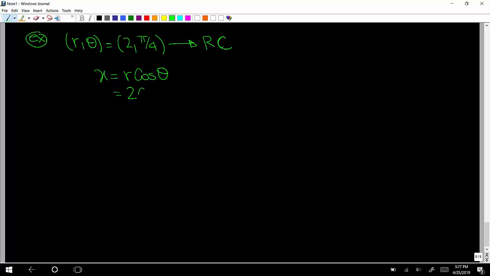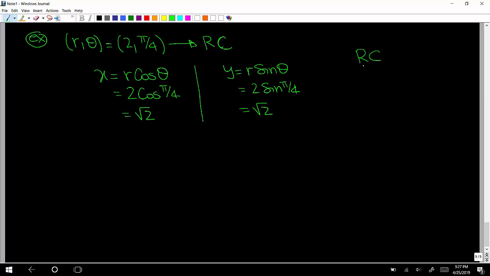So we get 2 times cosine of pi over 4. So we end up with square root of 2. And y is equal to r sine theta, which will give us 2 times sine of pi over 4, which is also going to be square root of 2. So the point in rectangular coordinates that's the same as this point is going to be square root of 2 and square root of 2.